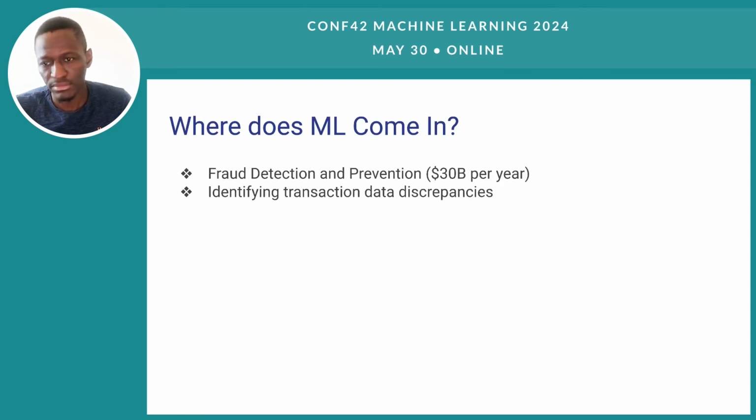Next is, again, very similar to the previous, but in this case, identifying transaction data discrepancies, right? This is not necessarily used for fraud, which is why I've separated them. You might be using this in your settlement flow, rather than waiting for a human to find out that something has gone wrong somewhere, because a lot of things could go wrong when it comes to payment authorization, capture, and settlement reconciliation.